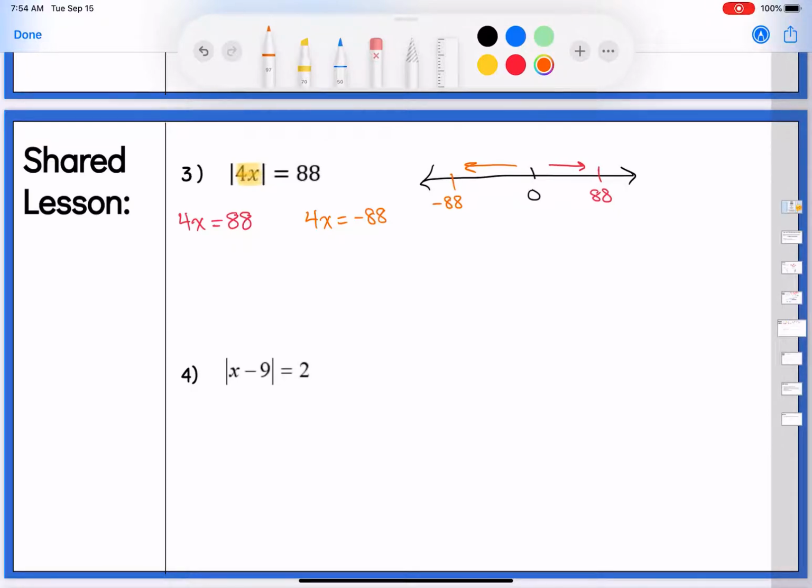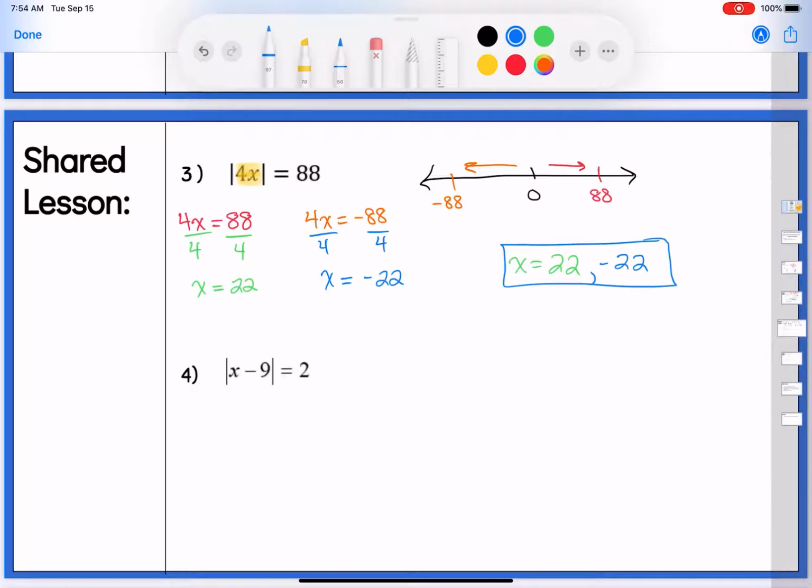And then I need to actually do my solving to figure out what x is going to be. So over here I'd have x equals positive 22. And over here I would have x equals negative 22. So I have, again, two possibilities here. x could equal 22 or negative 22.